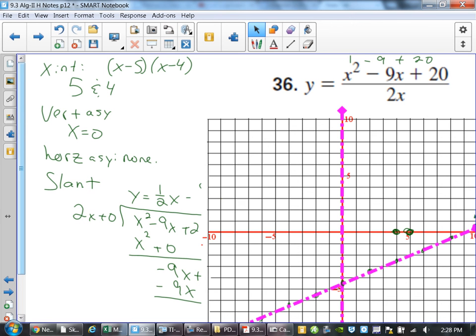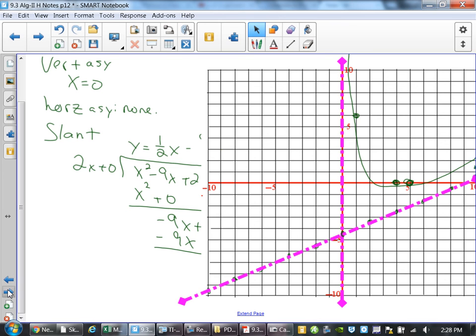Yeah, probably. So you get a little better idea. So it's probably doing something like this. Okay. Then you got to pick a couple points on the other side. I'm not sure if they're going to fit into this region, but you'll pick, I don't know, -1, -2, -3 in that area.